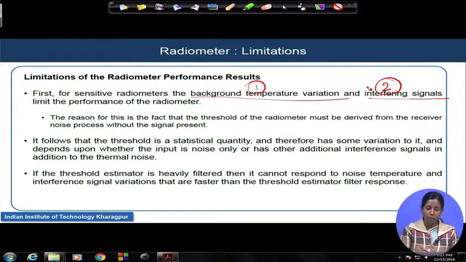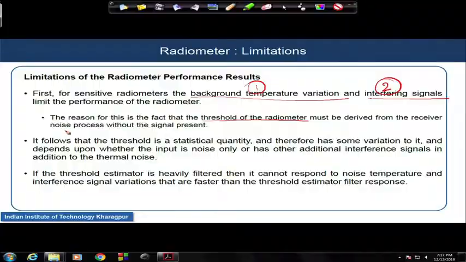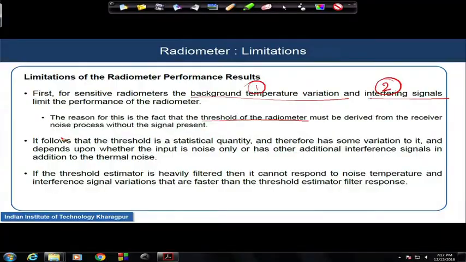Because the threshold that we fix for the radiometer is derived from the receiver noise process when the signal is absent, and hence the noise is the main part controlling the performance of the radiometer, because it is governing the selection of the TH.